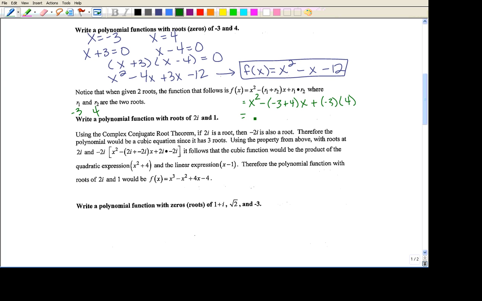So here we have x squared, and then -3 plus 4 is just 1, so we have a -1x, or a negative x, and then -3 times 4 is -12. So you see we get the same function. It works.